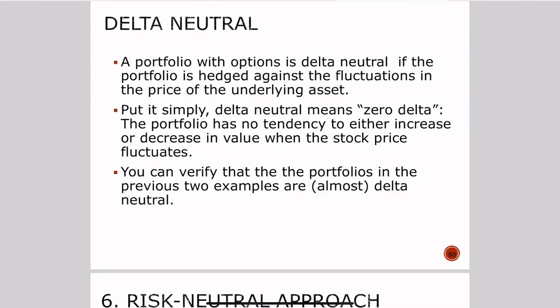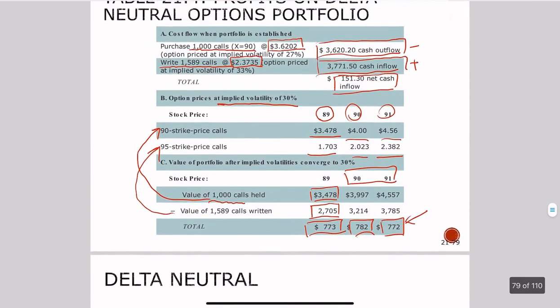Remember that delta measures how your portfolio's value will change if share price changes. So if you have a delta neutral portfolio and its delta is zero, this implies that if the stock price changes, your portfolio's value will not change, right? So essentially, delta neutral means zero delta, right? And you can verify that this is the case.